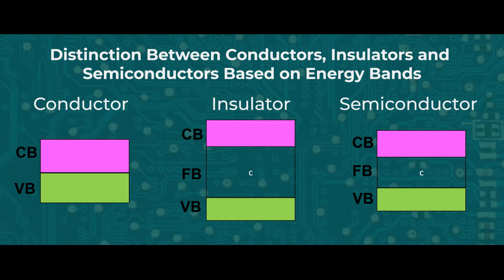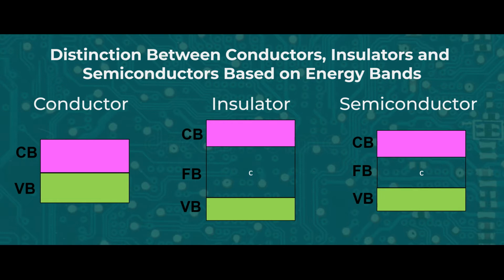Then if you look at the diagram of insulator, since the gap between the valence band and the conduction band is quite large, the electrons cannot jump from the valence band to the conduction band. So insulators are bad conductors of electricity.